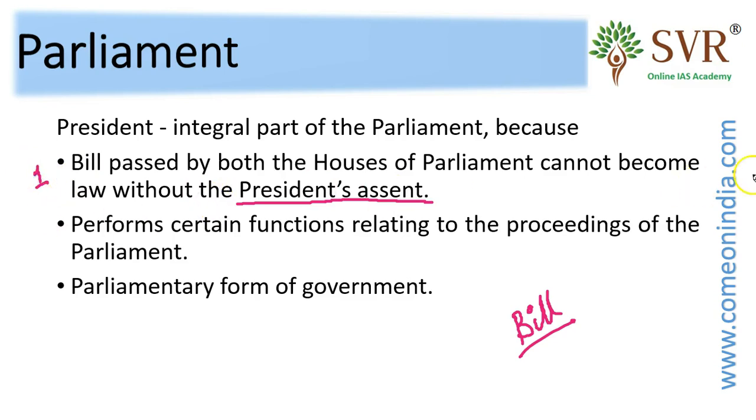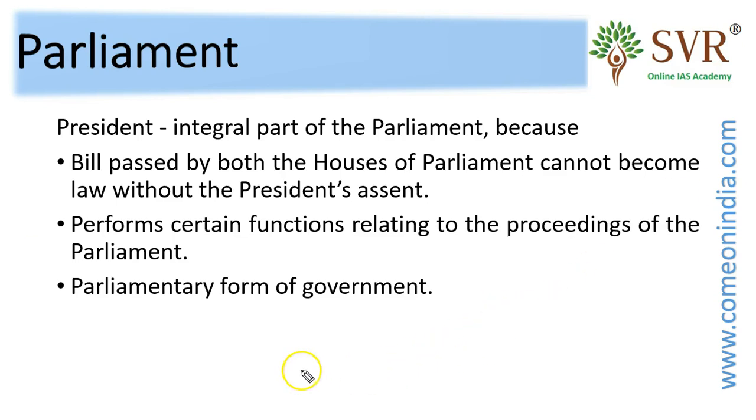And then the President is the important person who performs certain functions regarding the proceedings of Parliament. For example, the President is empowered to summon and prorogue the Houses of Parliament. Similarly, he has the power to dissolve the House also. The President has the power to issue ordinances when both houses are not in session. So there are lots of functions prescribed for the President to perform.